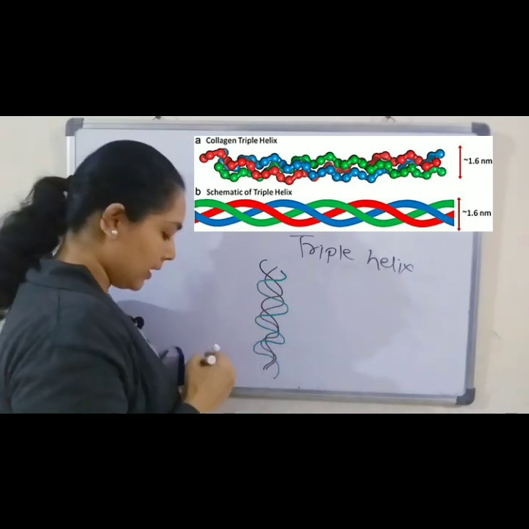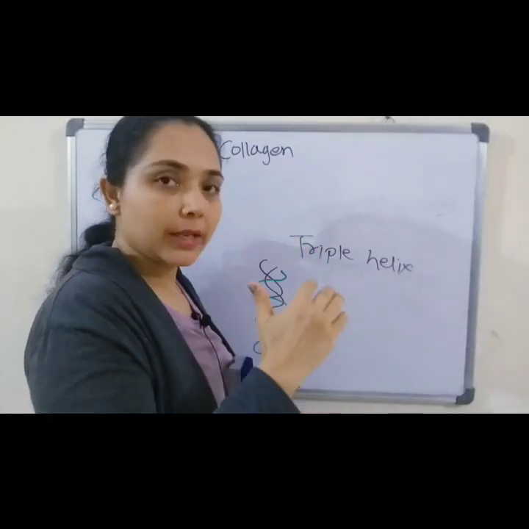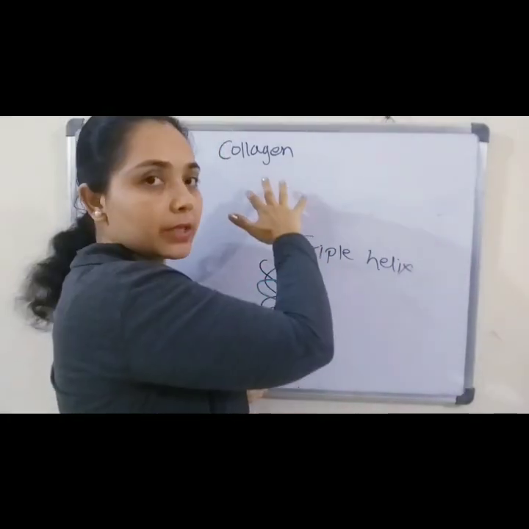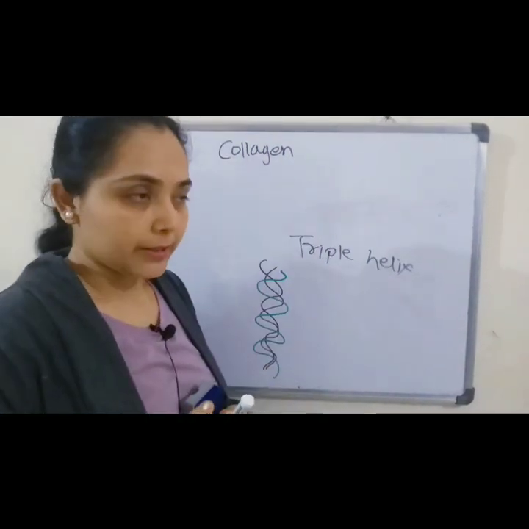This is known as a triple helix. This unique secondary structure is present in collagen.